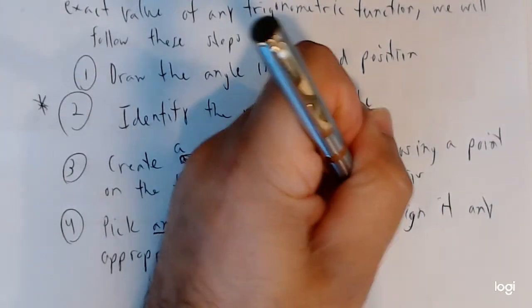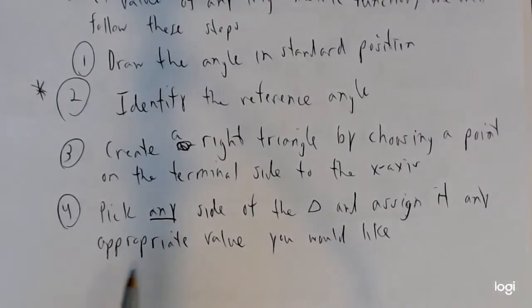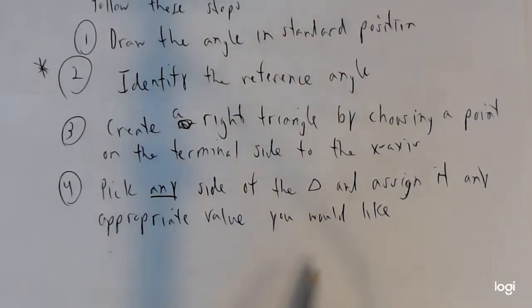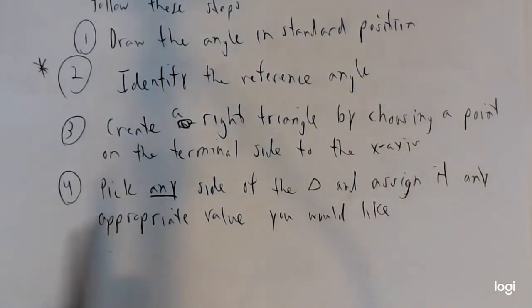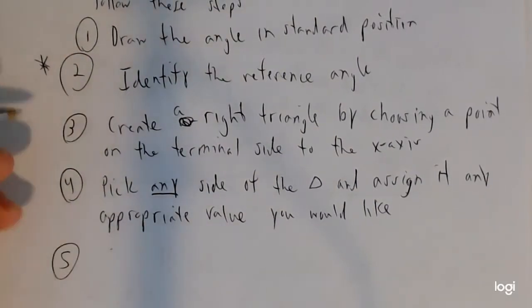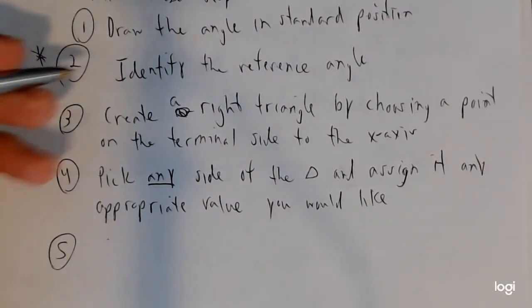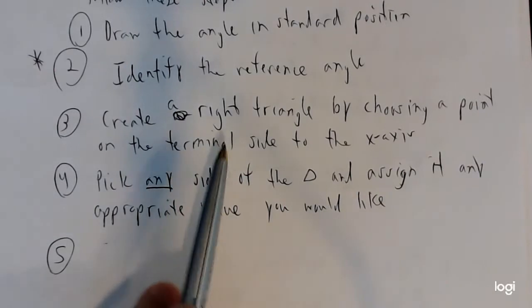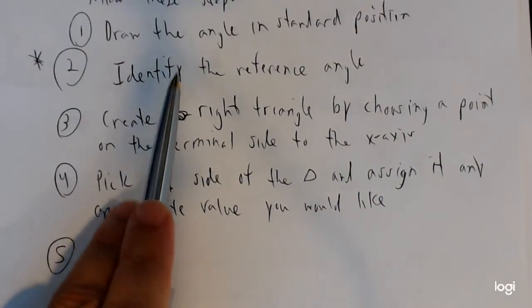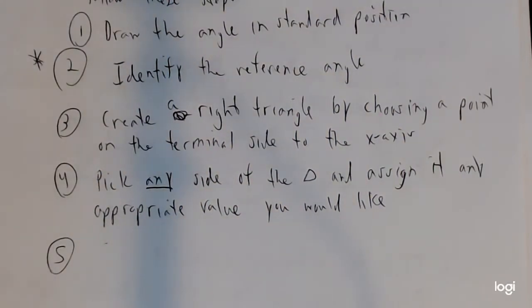Once again, what I mean by appropriate value is, remember, x and y could be negative depending on which quadrant we land in. Technically speaking, I write the length of the side as a negative number. I'm not saying the length is negative, it's just the direction we're moving in. You'll see that when we do an example. Remember, if my reference angle is not 30, 60 degrees, or 45 degrees, then I'm going to have to use my calculator anyway.